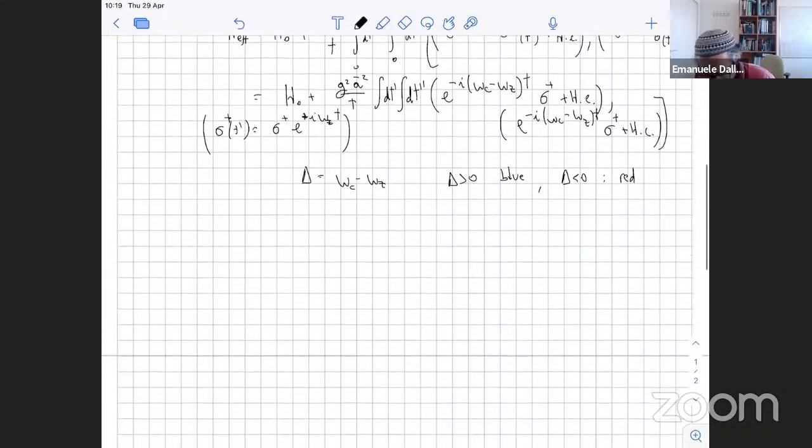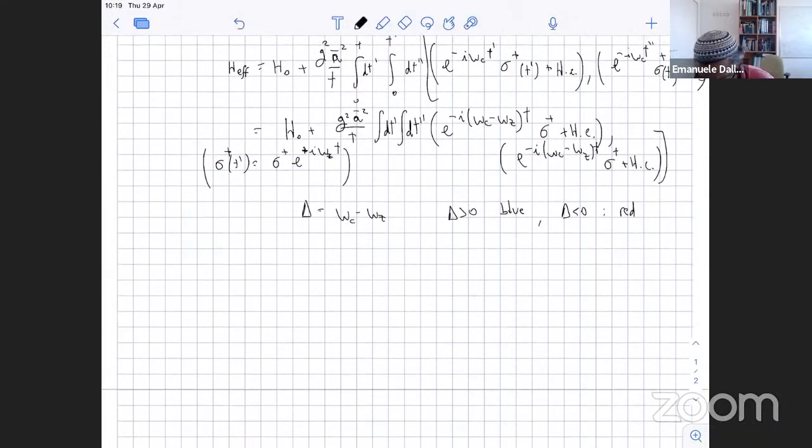Cool. Now let's look into this commutation relation. Sigma plus commutes with itself, so that drops out, and the non-trivial part is the commutator between sigma plus and sigma minus.